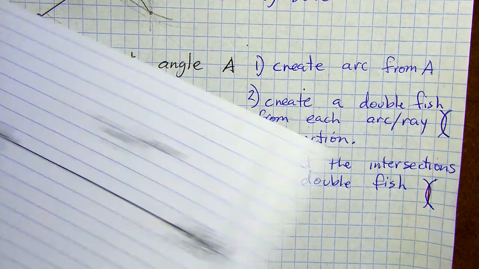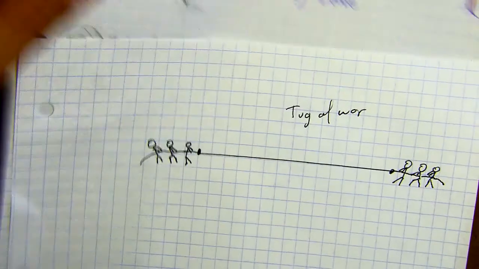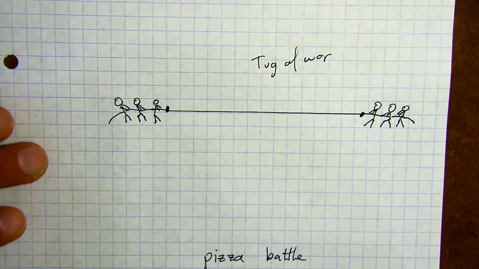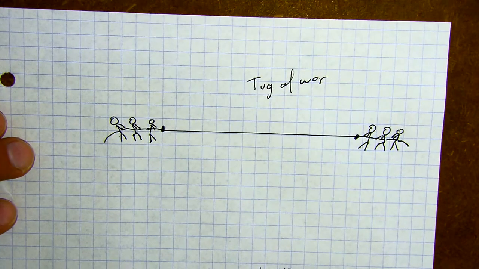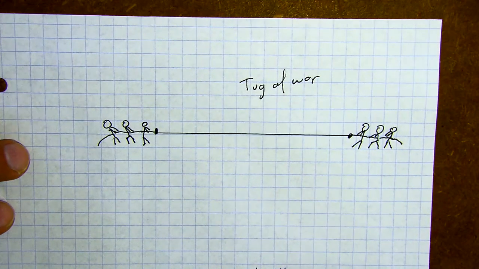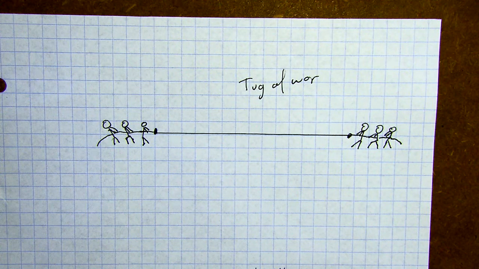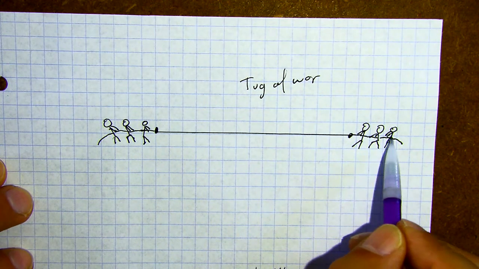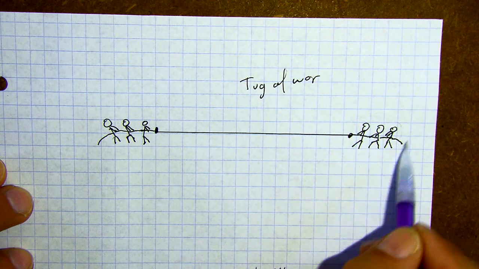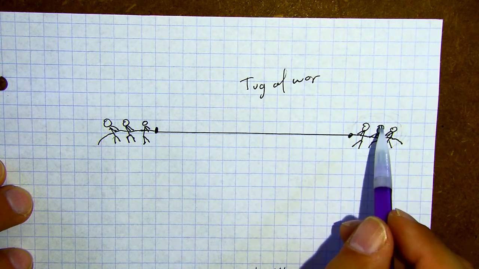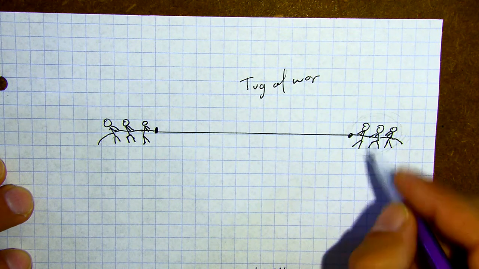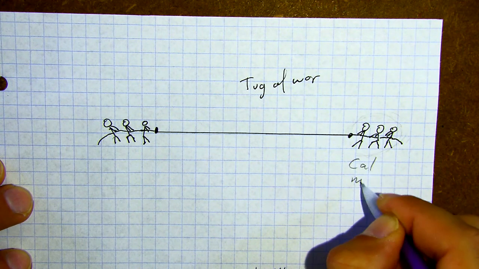Let's do this one. So this is the tug of war. Does anybody ever do a tug of war in like middle school? You guys probably had a tug of war somewhere. Yeah, I know. It's always hard on the hands. So here's the thing. These folks, who was your rival in middle school? This is Cal Middle School.